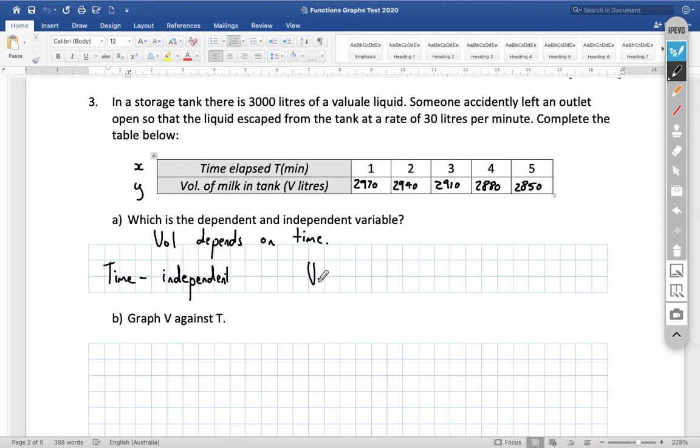The volume is the thing that you would be measuring, the amount of liquid left, is dependent. Although I guess you could measure time as well, but sometimes what's been changed versus what's been measured can help you figure out what's independent, what's dependent.